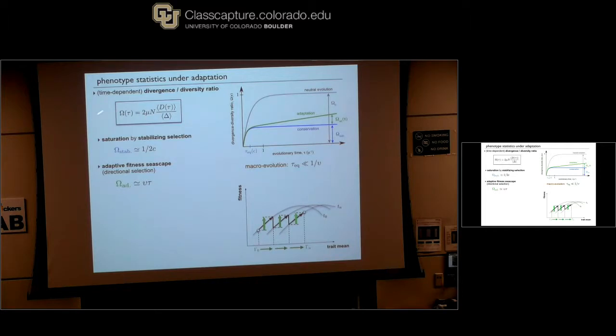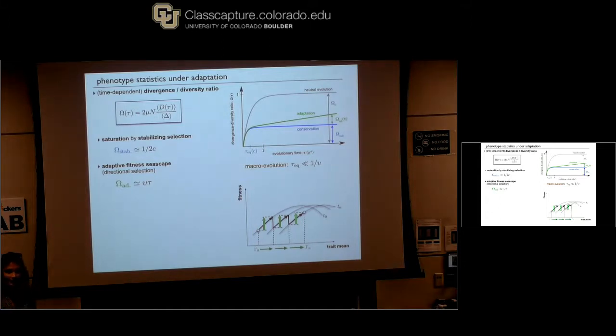You measure the divergence between phenotype averages, so that's the average divergence, and divide that by the mean diversity of each population and multiply it by some sort of genomic amount of diversity, and build this ratio, plot the ratio as a function of time.